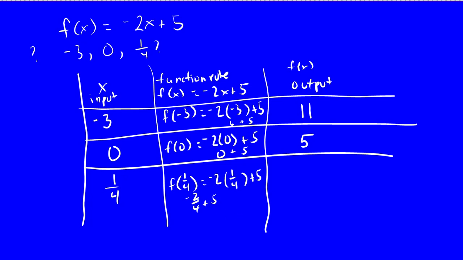So when I reduce this, I get negative 1/2. So I have plus 5, I have negative 4 and 1/2. So you can go over to the side and add those if you need to. So I've got my function notation, and we figured out what the output was when we were given 3 inputs. So we can do that in any way when we're given an input.